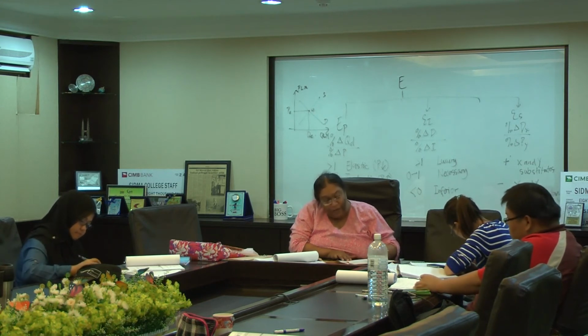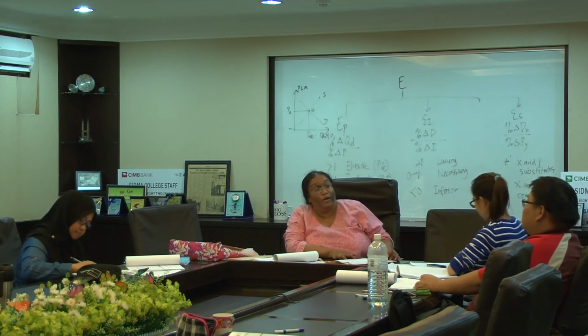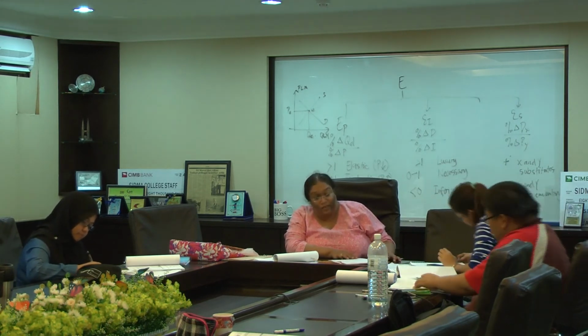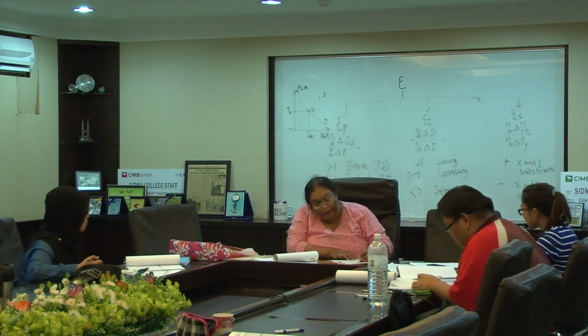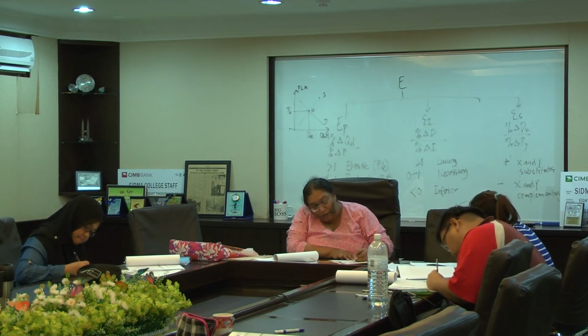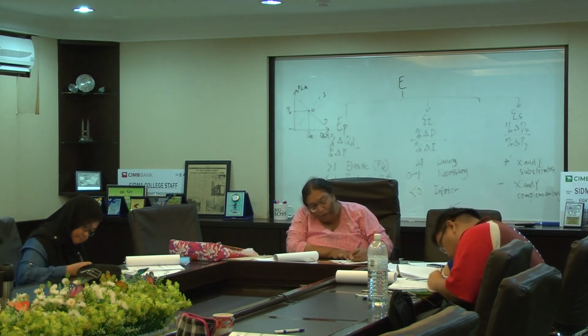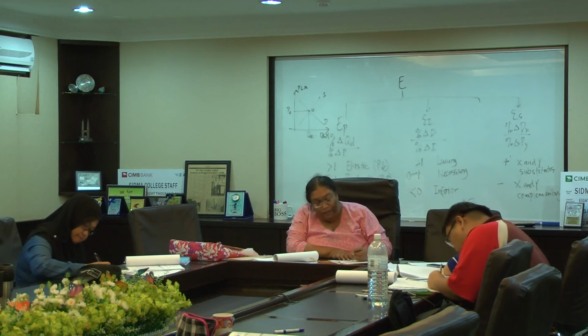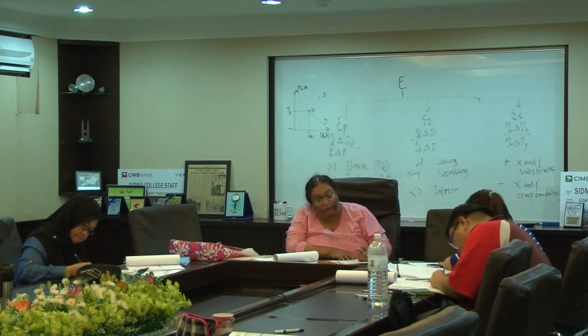Now, is the value more than 1? Don't look at the negative sign, only the number for price elasticity. So the price elasticity for local meat is 5.5, correct?